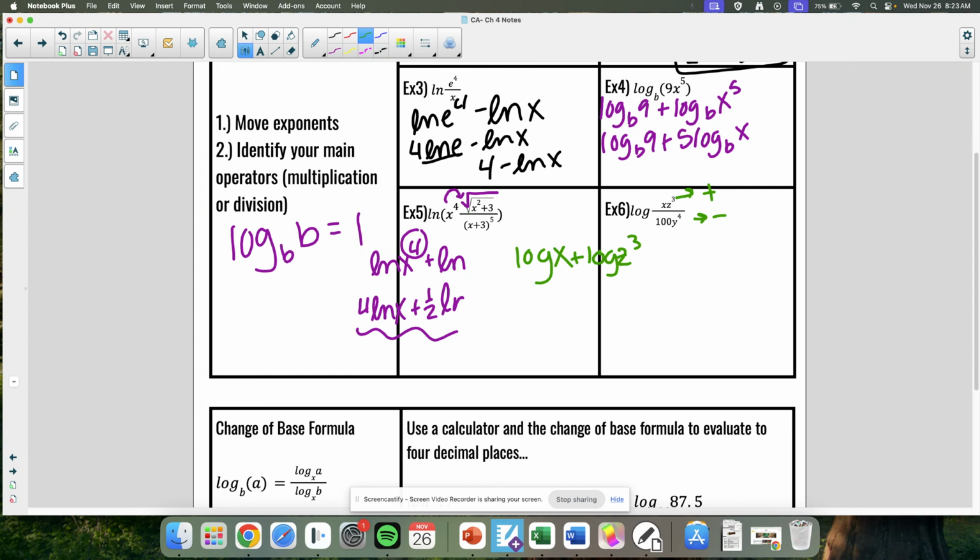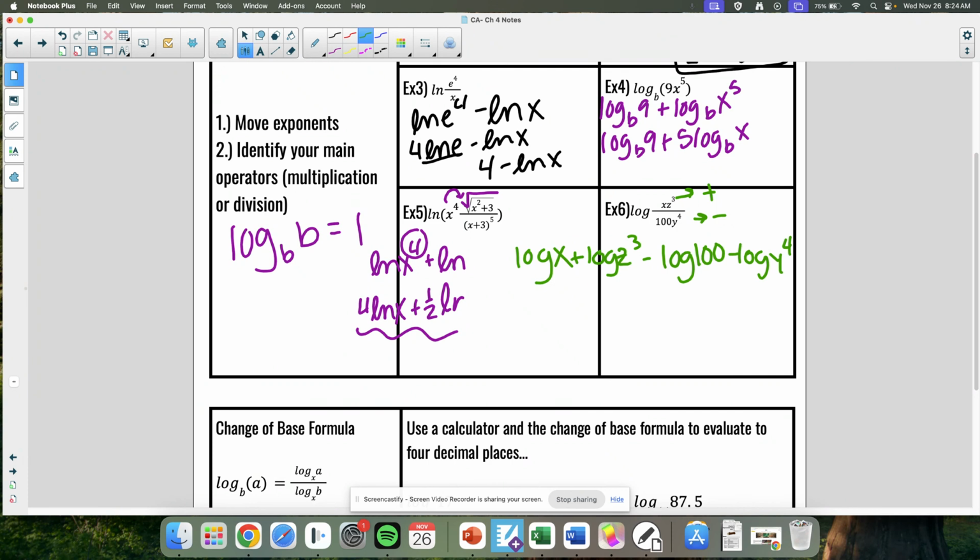What's our first piece on the bottom? 100. Since it's in the denominator, it's dividing, so it's minus log of 100. What's our other piece that's on the bottom? Y to the 4th. So then will that be a plus or a minus? A minus.